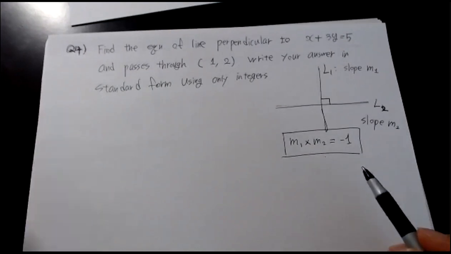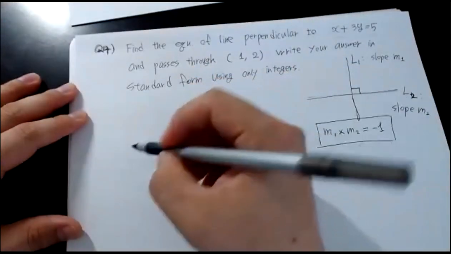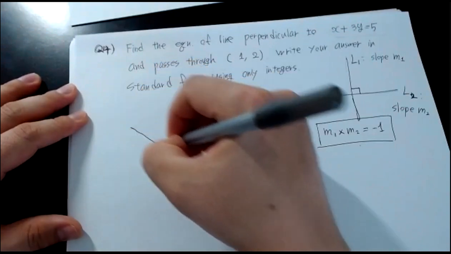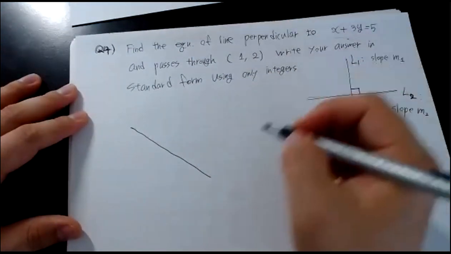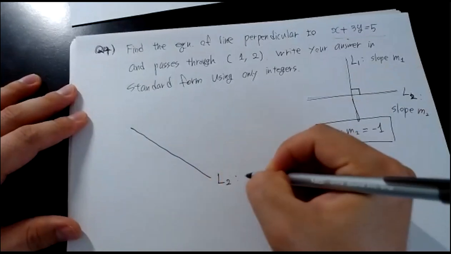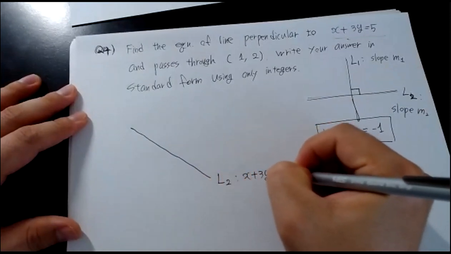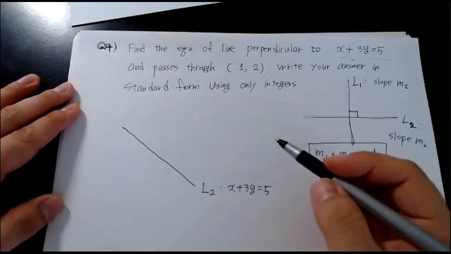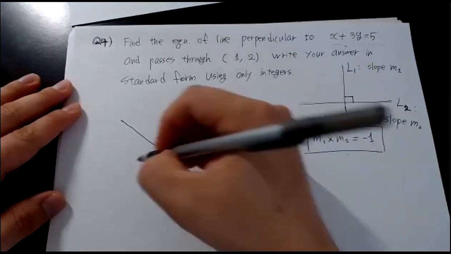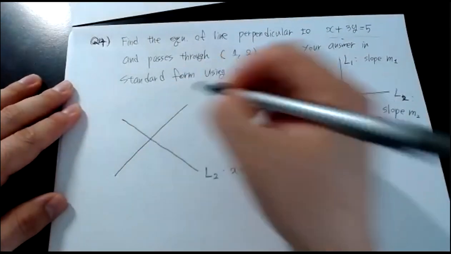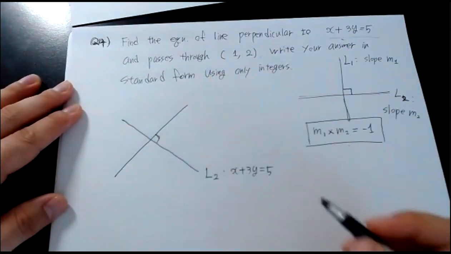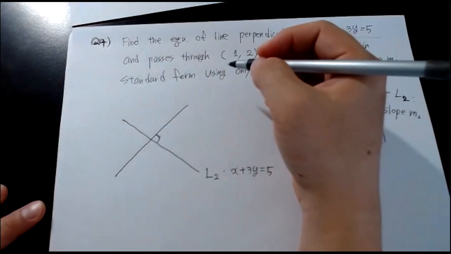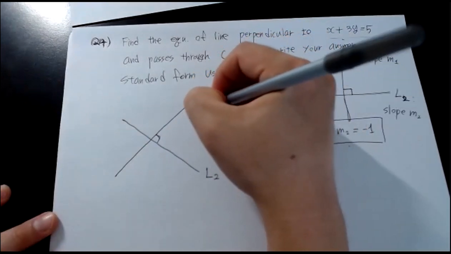So in these problems, let's say this is the line x plus 3y equals 5. Let's call it L2. We want to find the equation of the line perpendicular to L2, and let me call that line L1.